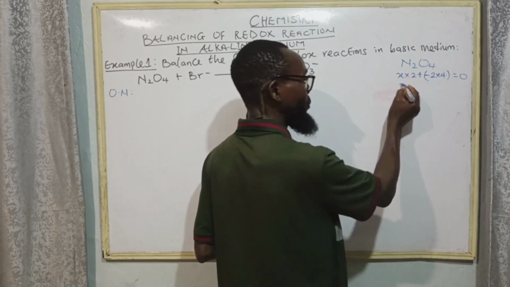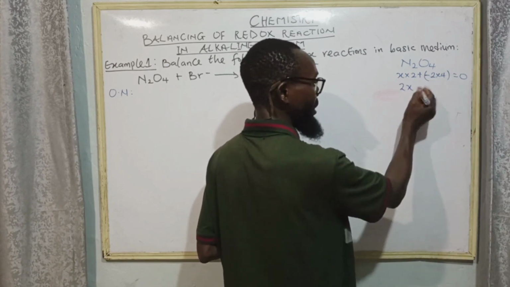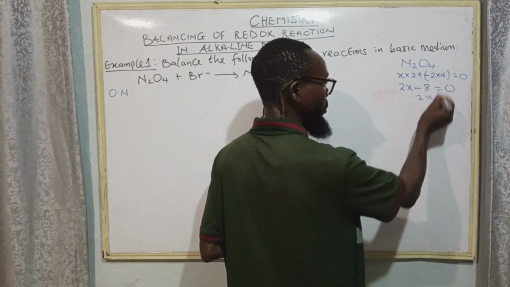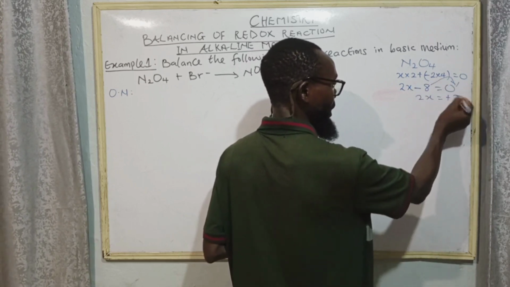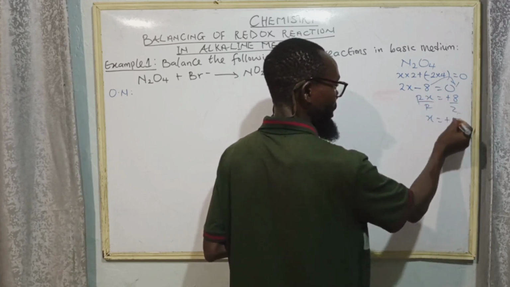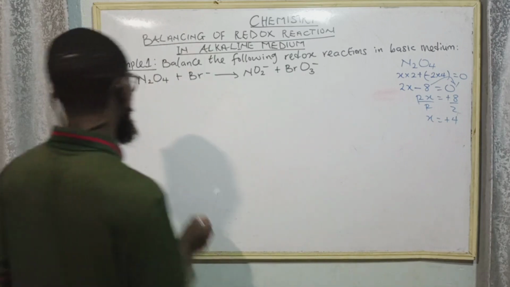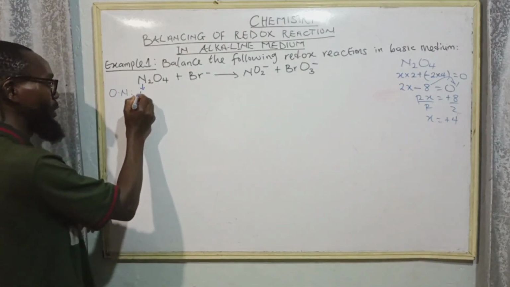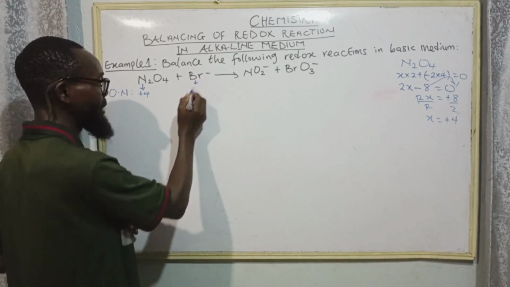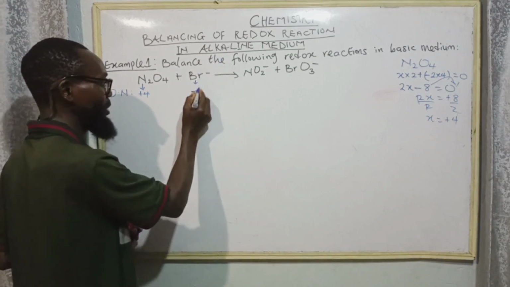So 2x plus (-2 times 4), which is -8, equals 0. So 2x equals plus 8. We divide both sides by 2, x equals plus 4. So the oxidation number of nitrogen here is plus 4, while the oxidation number of bromine here is the charge on it, which is -1.